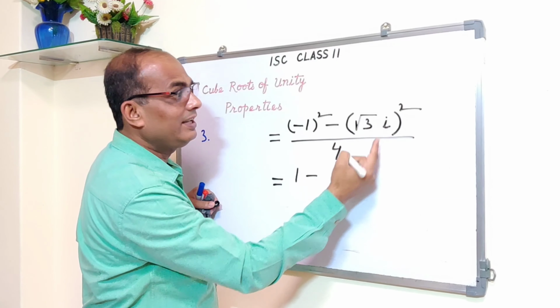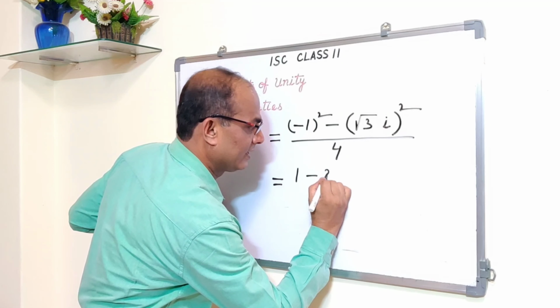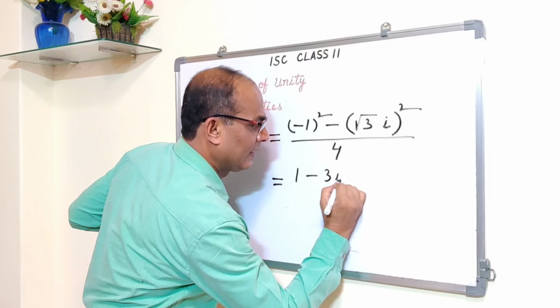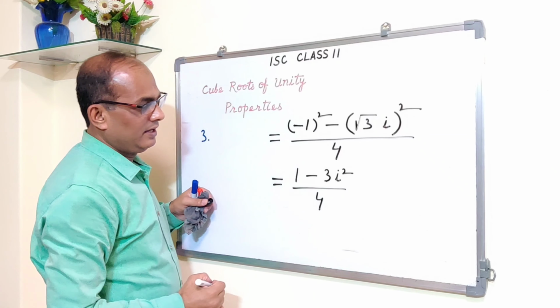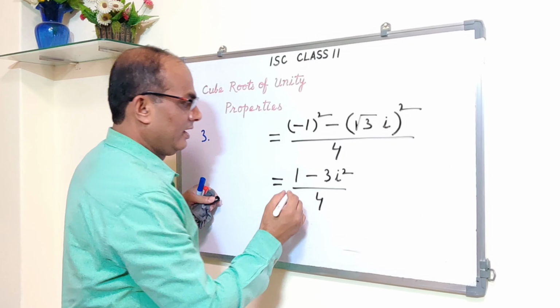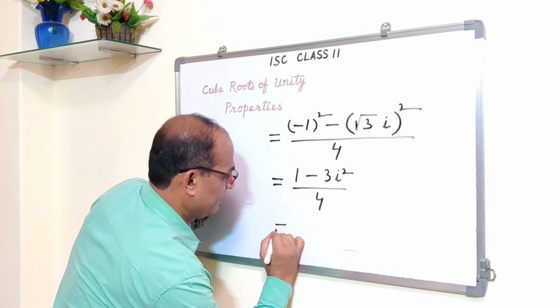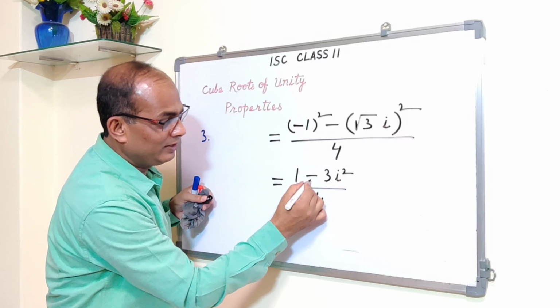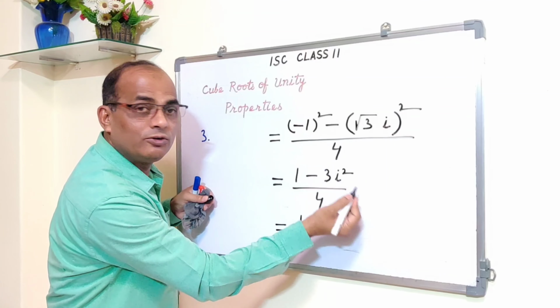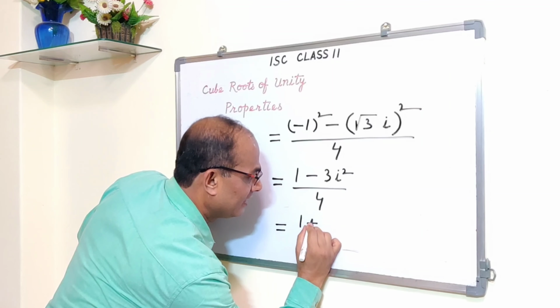Root 3 square is 3 and i square, so 3i square, and whole divided by 4. Is that fine? Now this we can write down 1, and i square is minus 1, so that minus 1 and minus 3. Minus 3 into minus 1 is plus 3.